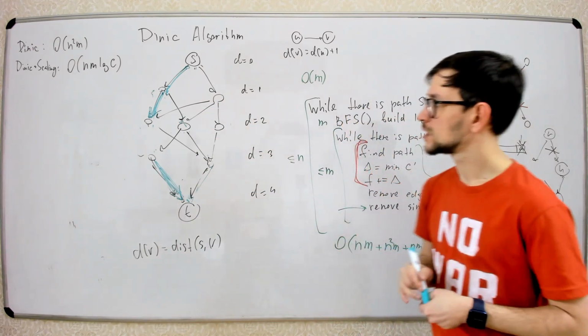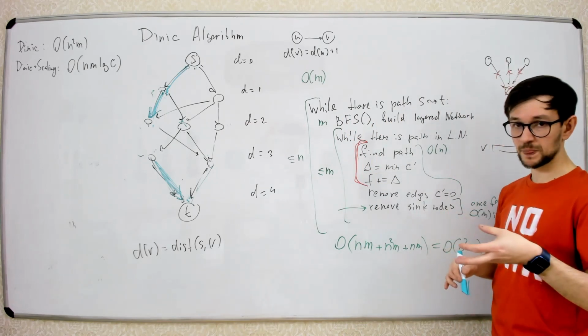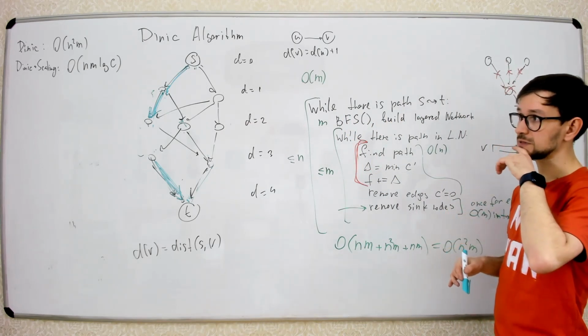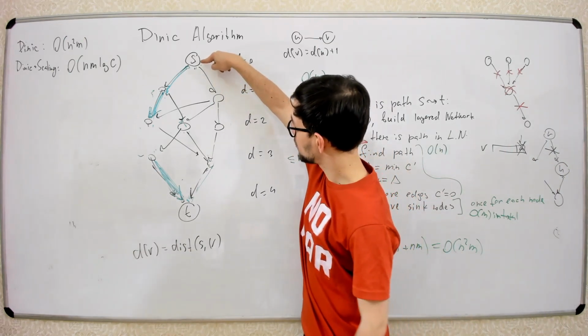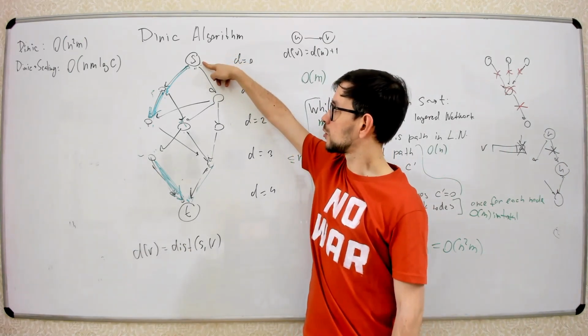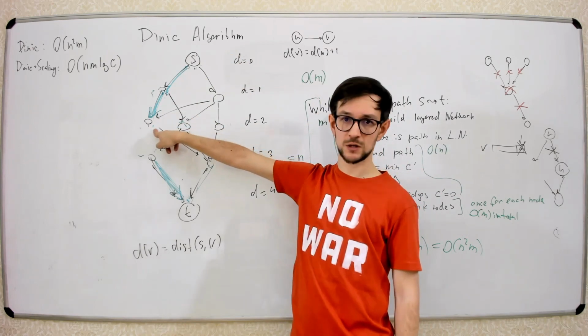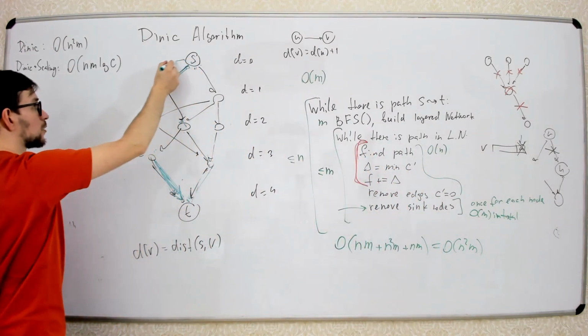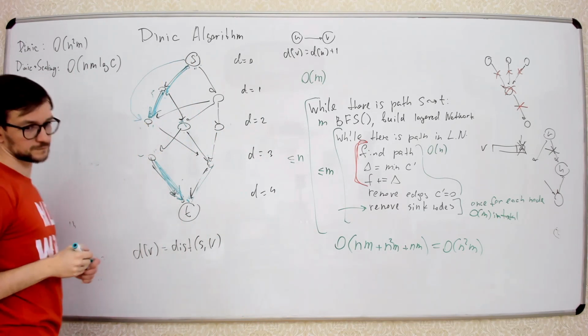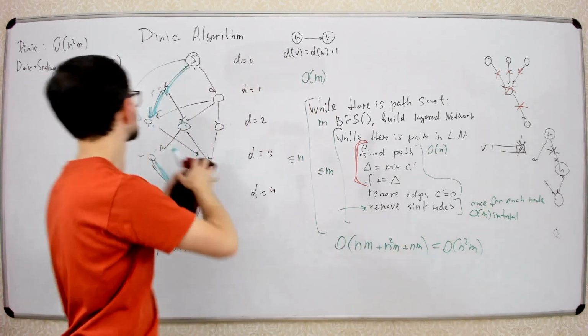Okay. How to reuse these shortest paths? We will start from node S. From this position, we will go immediately to the end of this shortest path. So from here, we will go immediately to here. Let's use another marker.